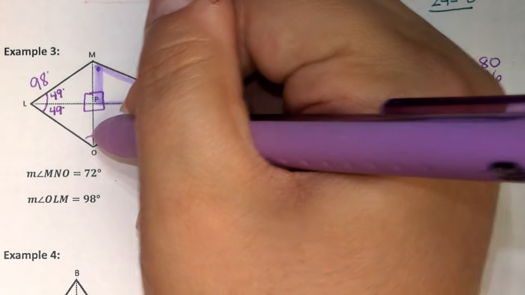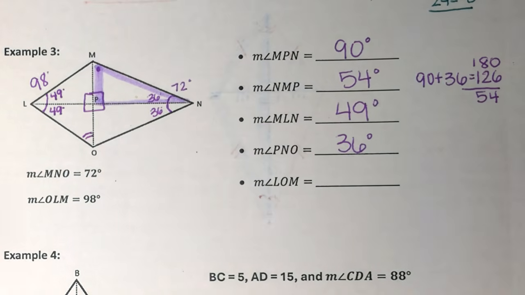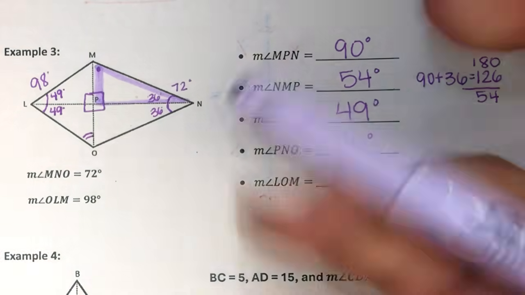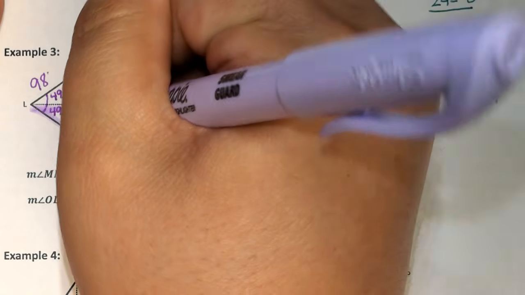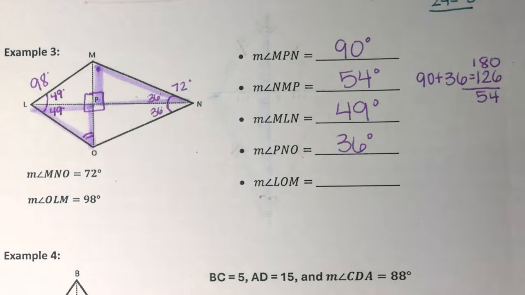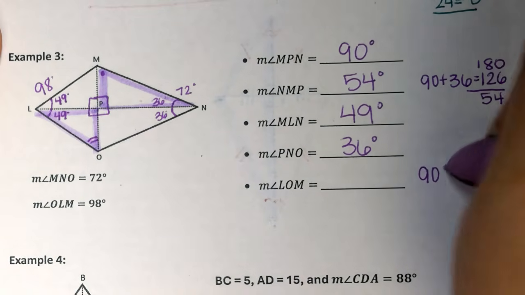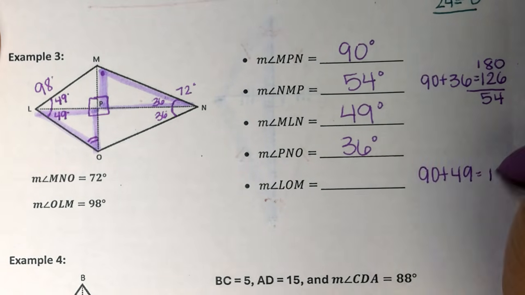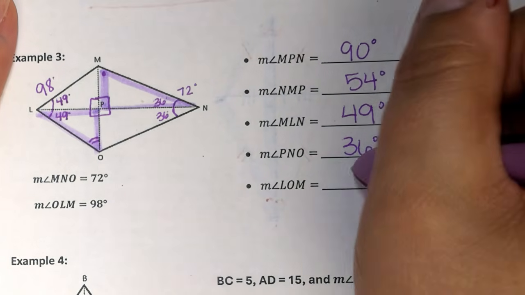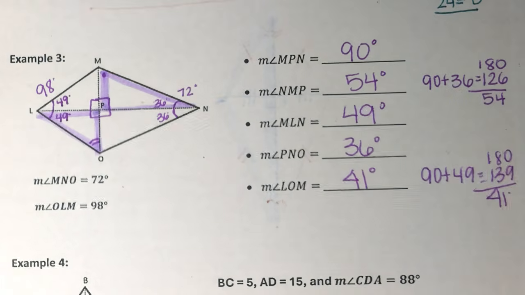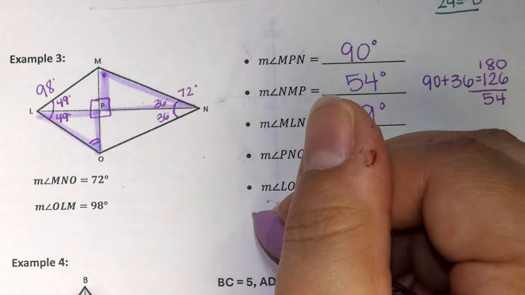LOM is right here. How do I find that? Same thing. Do y'all notice we've been doing that a bunch? Yeah. So 90 plus 49 is 139. Subtract from 180. 41. I'm going to add another question.